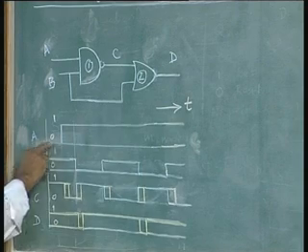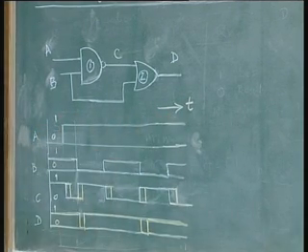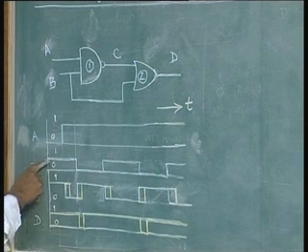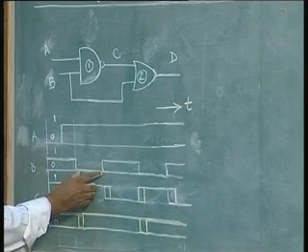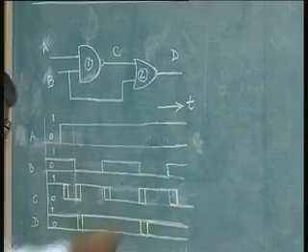Input goes from 0 to 1 somewhere here and keeps as 1. B waveform remains 1 for a while, goes to 0 for a fixed duration, goes back to 1, comes back to 0 for a fixed duration, and so on.